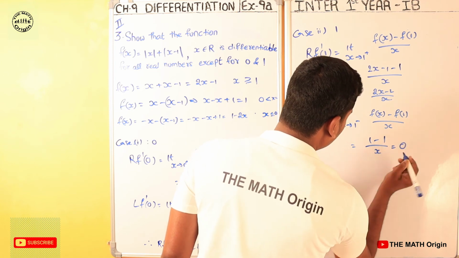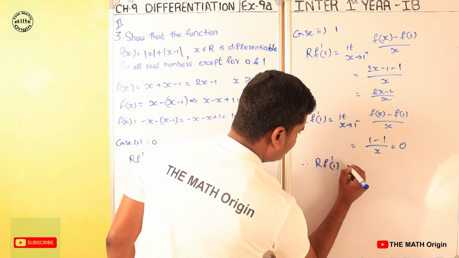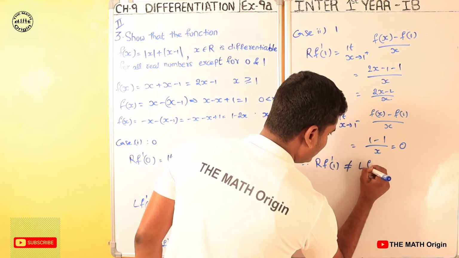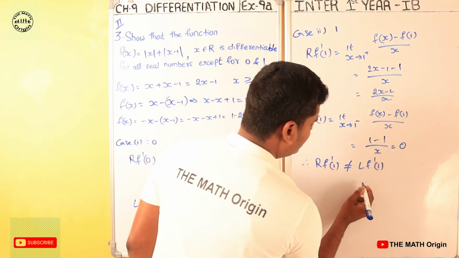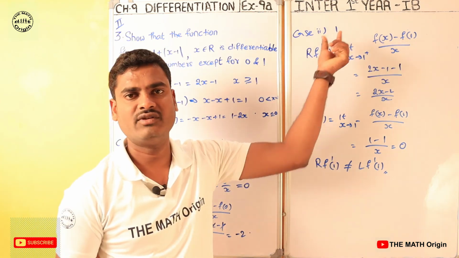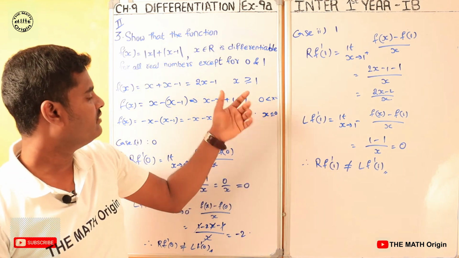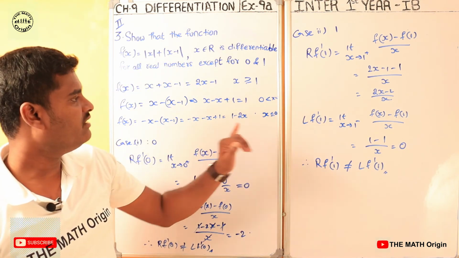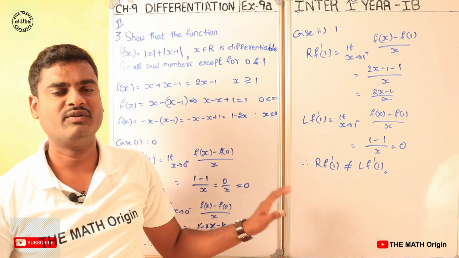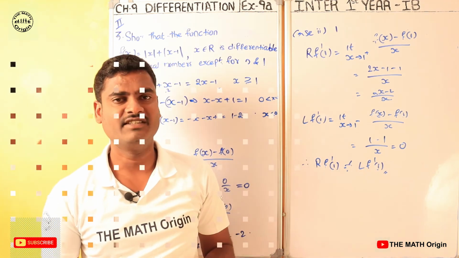Therefore that equals 0. Therefore Rf'(1) is not equal to Lf'(1). Therefore even the value 1 is also not differentiable for the given equation. Therefore we have proved that 0 and 1 are not differentiable for the given equation. With this we completed the third question from the second section.